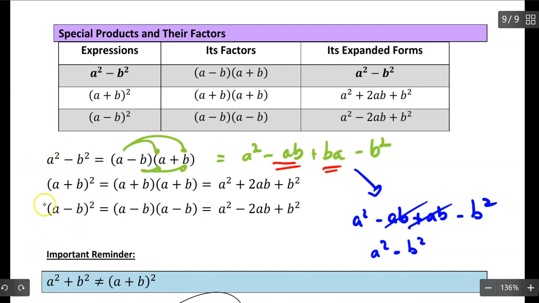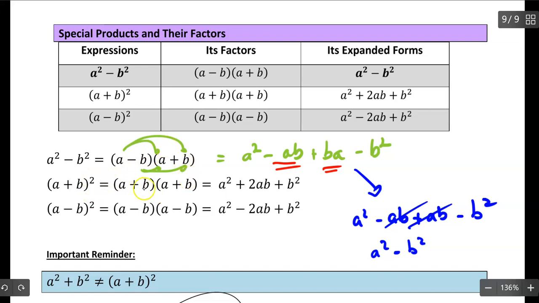But if you have (a + b) inside the bracket squared, then your expanded form will be like this: (a + b) times (a + b), according to the definition of the exponent, right? So the exponent tells you that if you have a base raised to a certain power, then you have to multiply the base by itself, as many times as the number of your power.